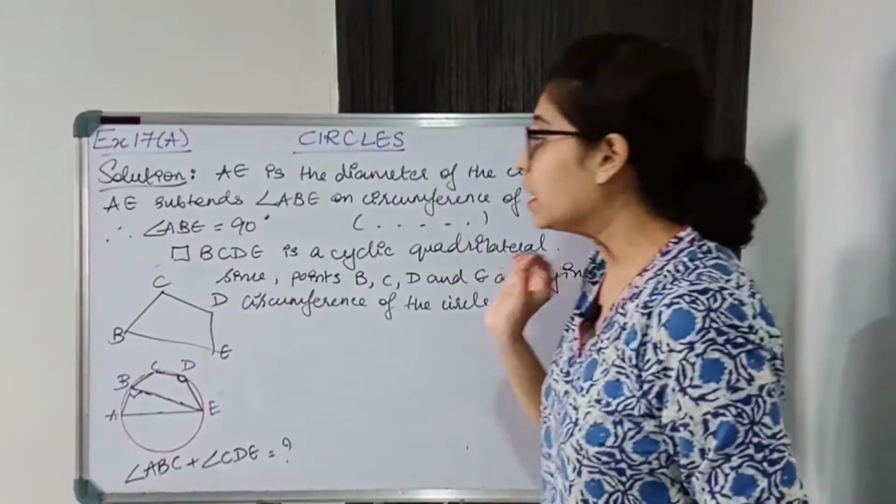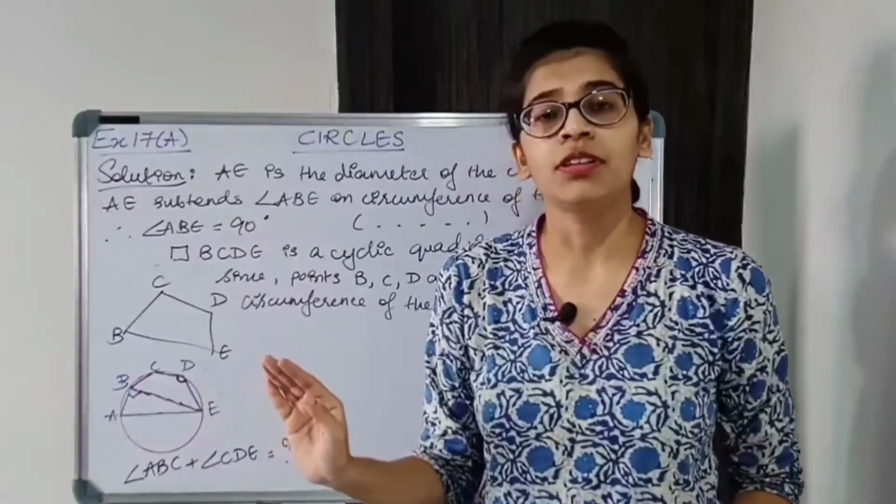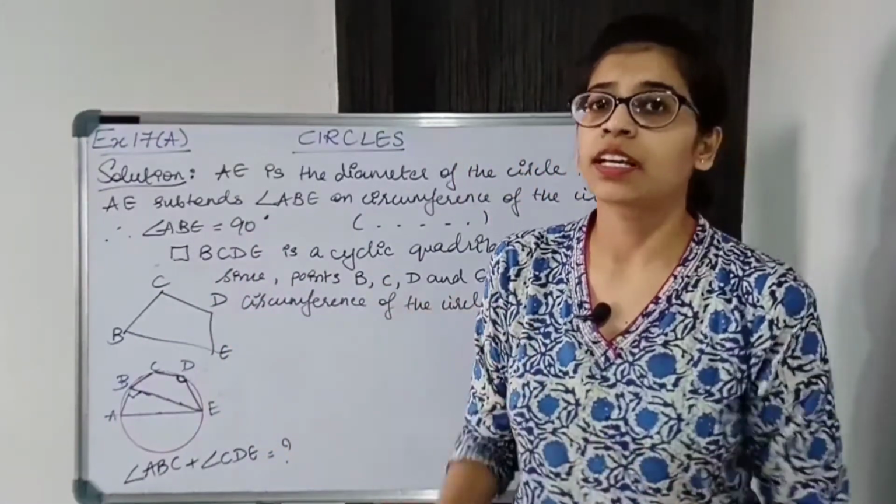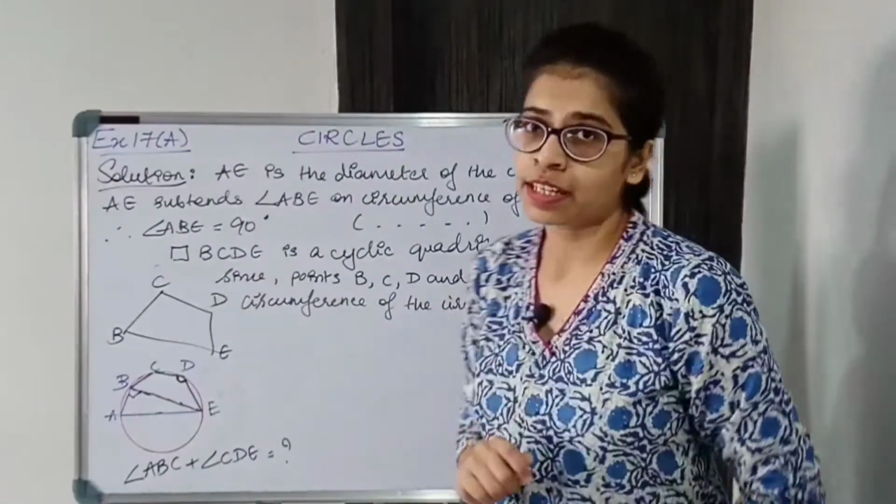Okay, now since this is a cyclic quadrilateral, we'll consider the opposite angles wala property over here. We know opposite angles are supplementary.